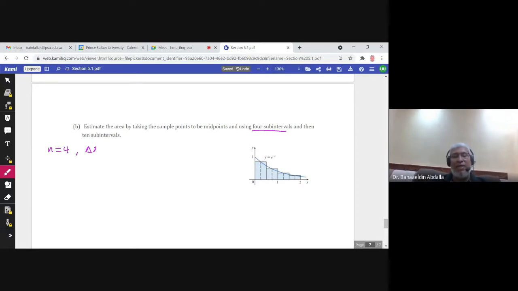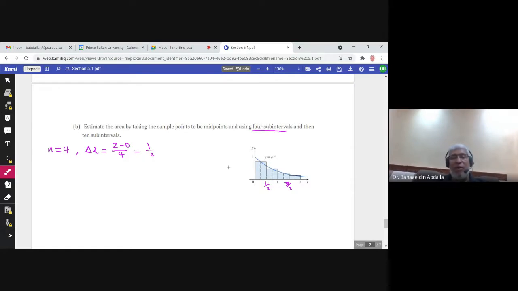So delta x in this case would be b minus a, which is 2 minus 0 over 4, so it's 2 over 4 or half. So we have the intervals: from 0 to half, half to 1, 1 to 3 over 2, and 3 over 2 to 2. The width is also half.